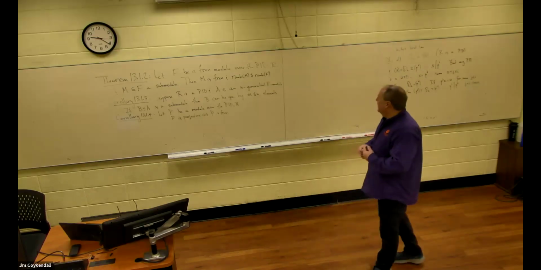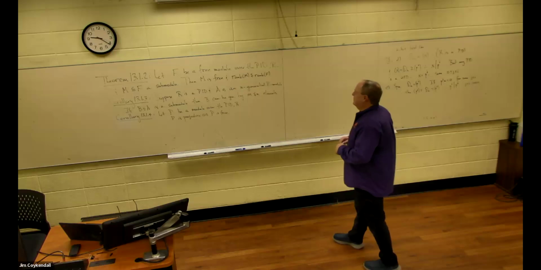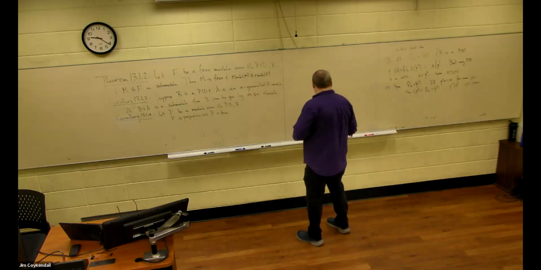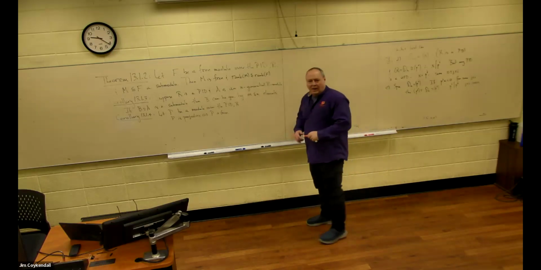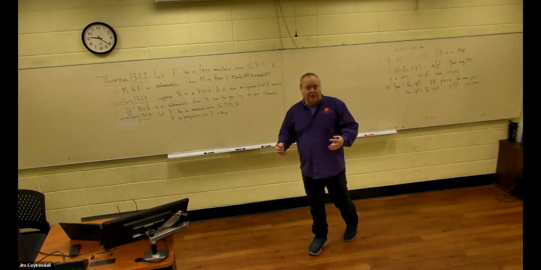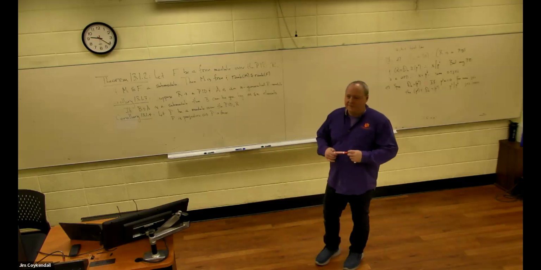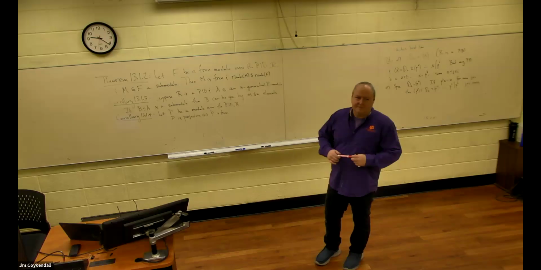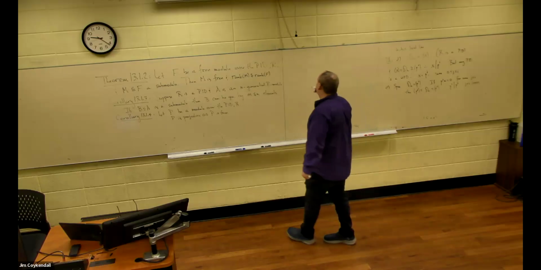Well, that's not true in general. You might give me an example of an R module that's generated by some number of elements that has a submodule that really requires more elements. And this is what PID is important for. So let me give you an interesting example.